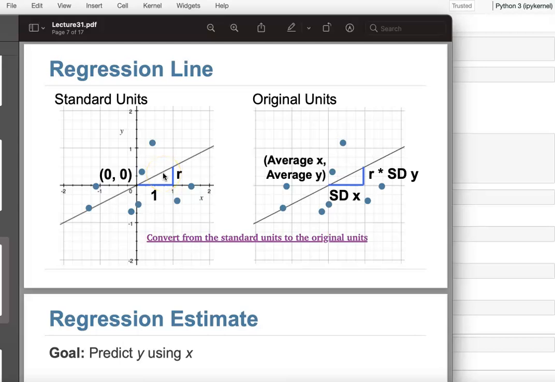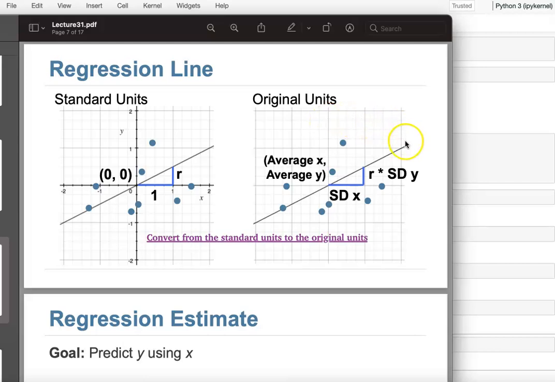However, since we have to make our estimation, we have to convert both our data back to the original units. If we convert the regression line back to the original unit, the shape of the regression line stays the same.